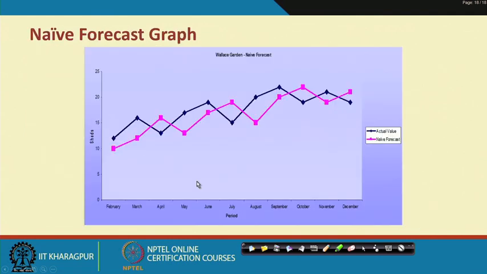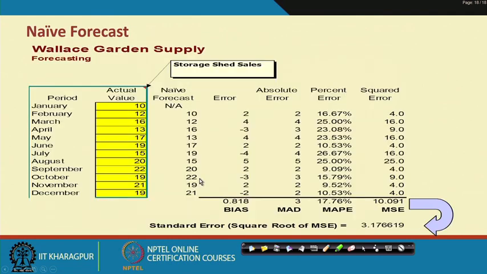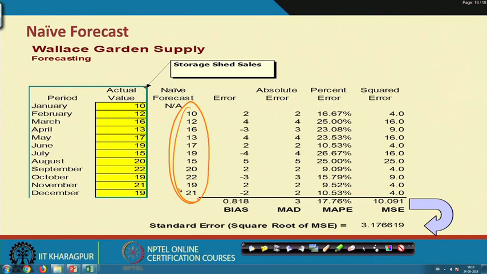Okay, this is how the structure is. This is the estimated structure, just 1 point behind. That means the actual depends upon the past one, and then the error will be the difference between the actual and the past one. So, we will find the error component this way.